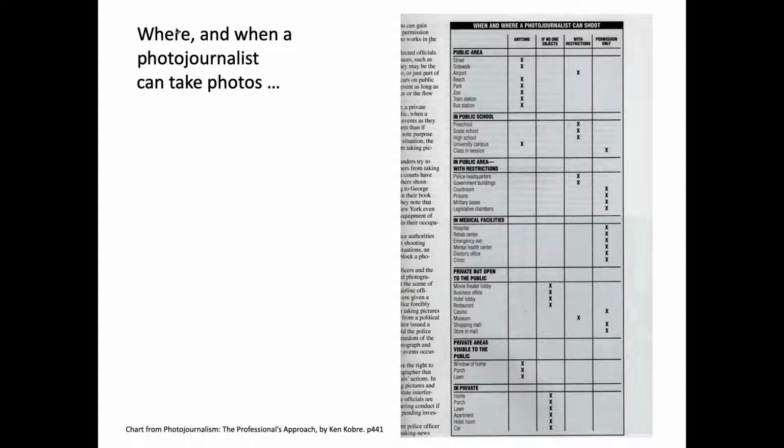So if I take a picture of someone on the street walking their dog or walking their kid or shoveling their snow off their walk, and they say, I don't want my picture in the paper, I'm going to go ahead and honor that, even though I'm not legally obligated to. So you have to learn where to draw that line.